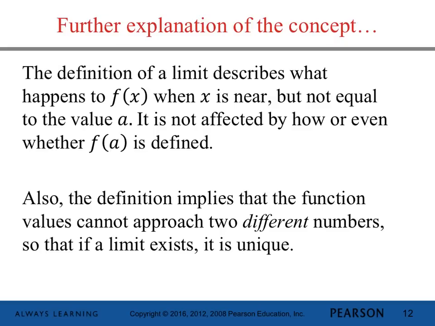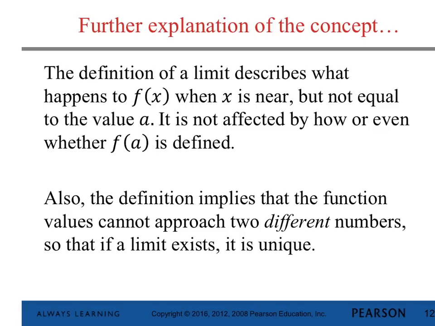The definition of a limit describes what happens to f of x when x is near, and again, this is the main thing, close to but not equal to the value of a. It's not affected by how f of a is defined or even whether f of a is defined. f of a doesn't even have to be defined for us to find that limit.